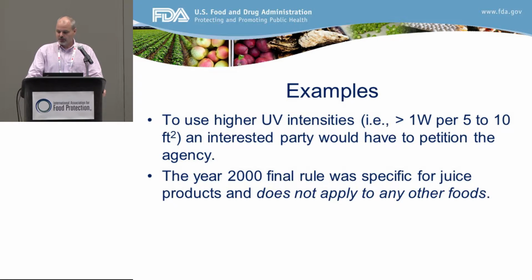It's also important to note that, and I just showed you that one of the applications was for juice and juice products, the 2000 final rule, which included an amendment for juice and juice products, does not apply to any other food. So you can't just take this technology and apply it to another food and have it comply with this regulation. So it's really important to understand that pathway to compliance.